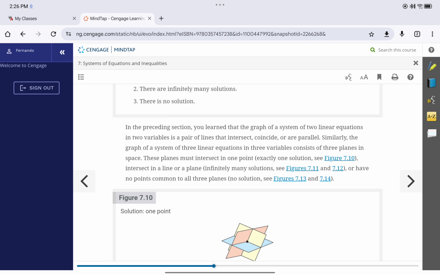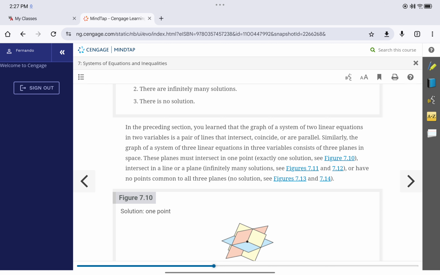So if it's three variables, very similar thing is going to happen, except that now they're not going to be lines anymore. So if it's two variables, it was a line. If it's three variables, so in other words, x, y, and z, it's going to be a plane.